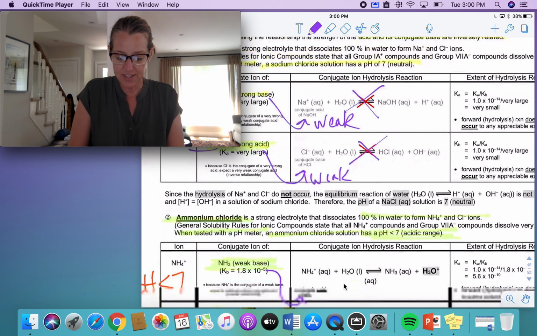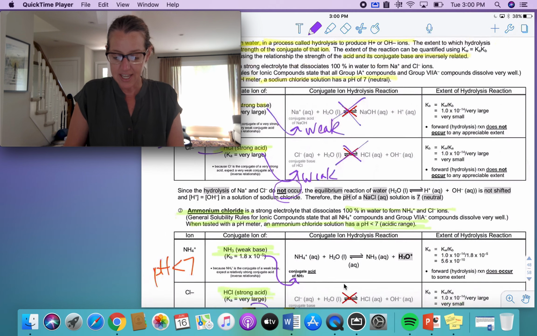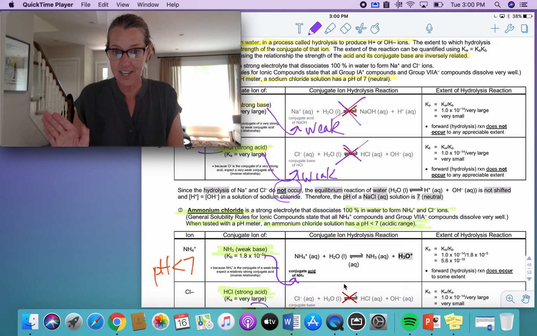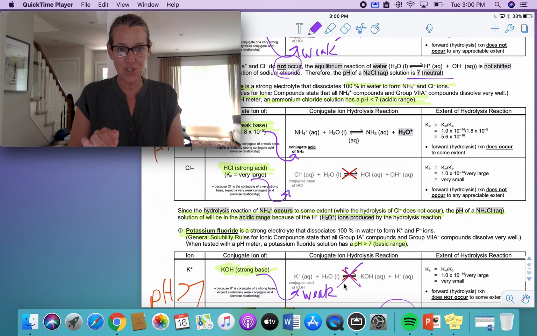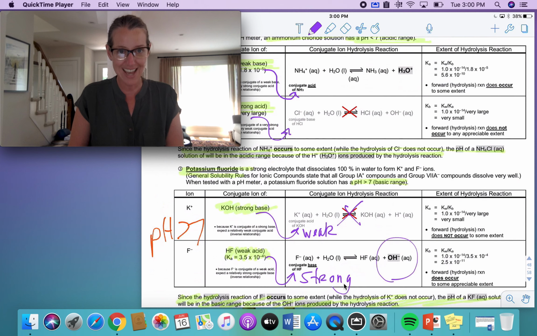Because the hydrolysis does not occur, the equilibrium is not shifted any which way, and therefore the pH of the sodium chloride in that solution is going to be 7. Let's look at the next two examples. So we're going to have an example where we have a weak base and a strong acid. Then our last example is a strong base and a weak acid, and that leads us into looking at titration curves for our very last lesson.